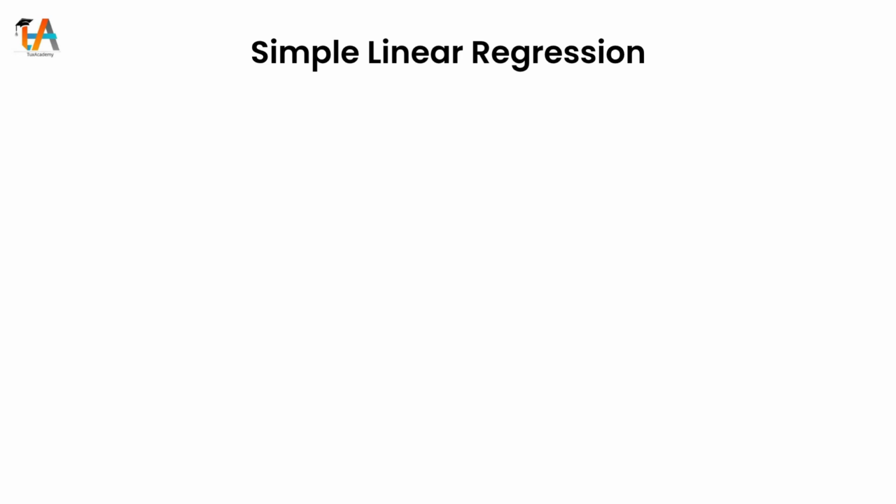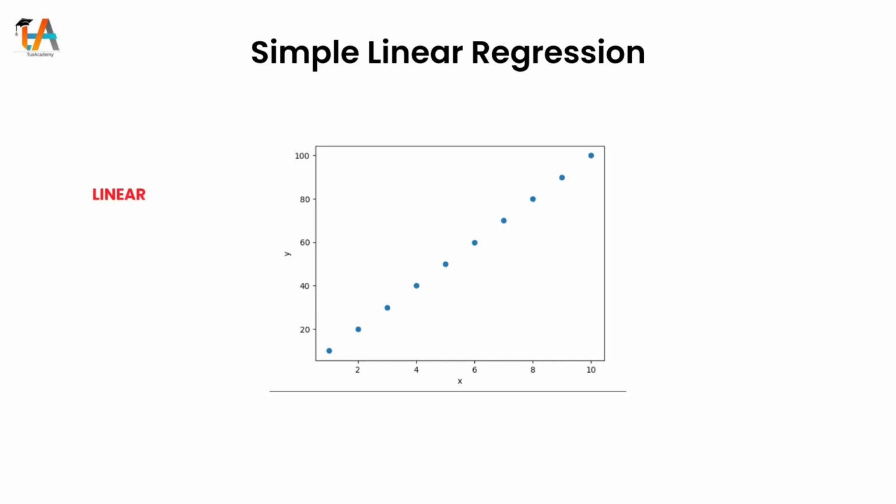Simple linear regression is used when there is a linear relationship between the two variables. Linear relationship means that the relationship between the variables follows a straight line when plotted in 2D space. Here, one variable changes at a constant rate with the change in another variable.